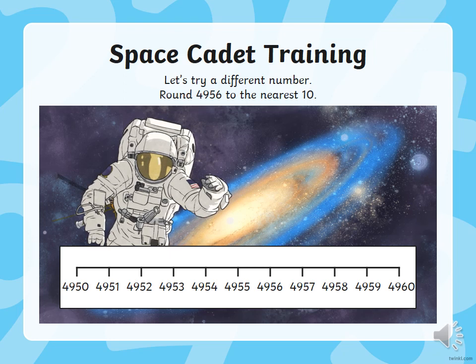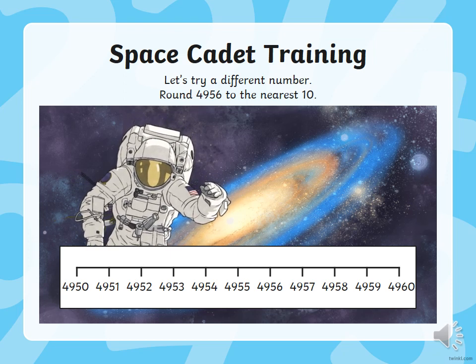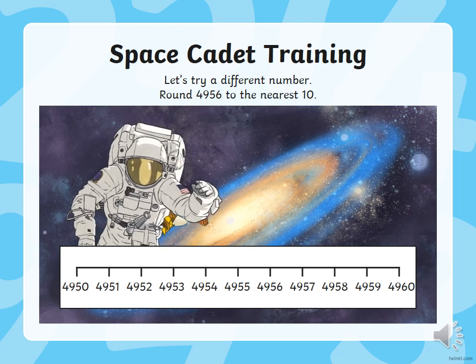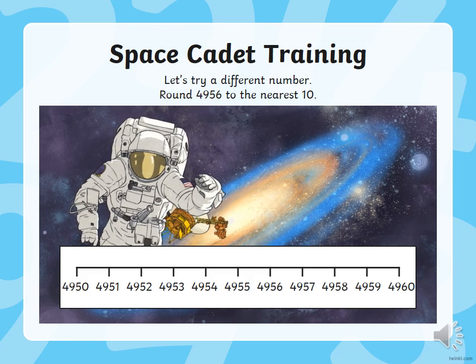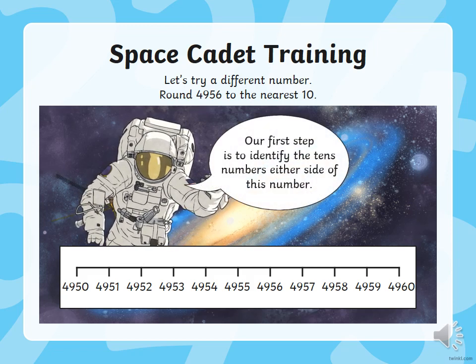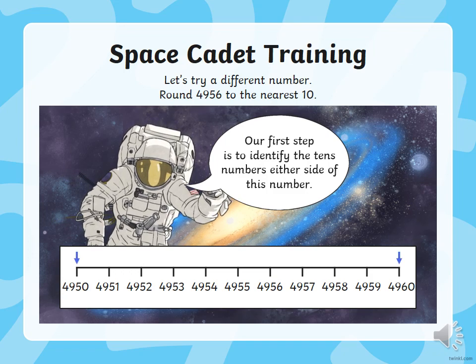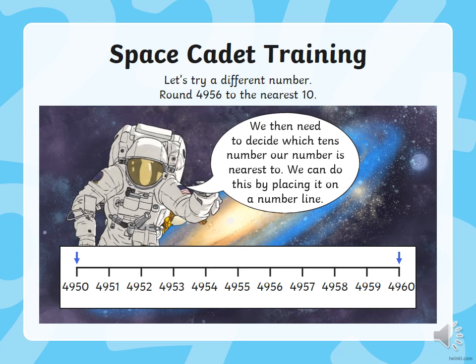Let's try a different number. Round 4,956 to the nearest 10. Pause the video for a few seconds and see if you can round this number. Our first step is to identify the tens on each side of the number. We then need to decide which tens our number is nearest to.